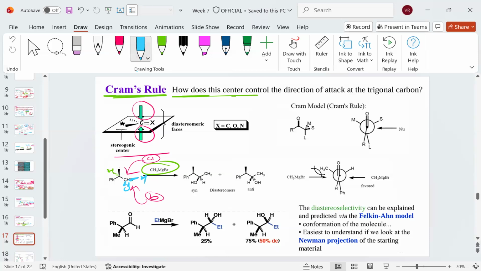Depending upon the stereochemistry of the adjacent carbon atom, this attack is mainly governed. Here you can see the phenyl is bulkier than methyl, so we have kept the phenyl in the plane.